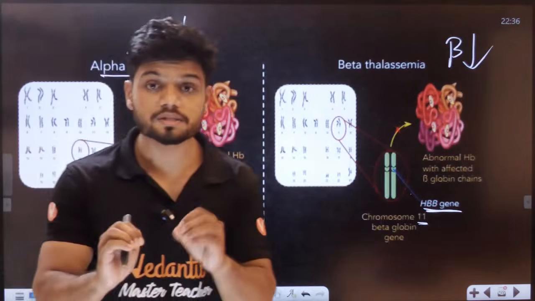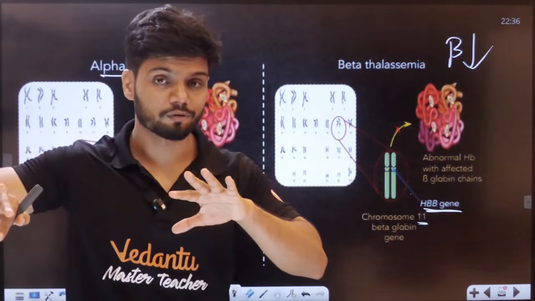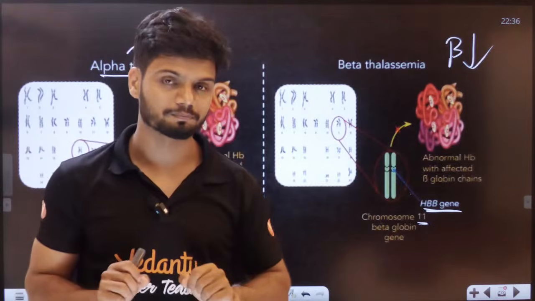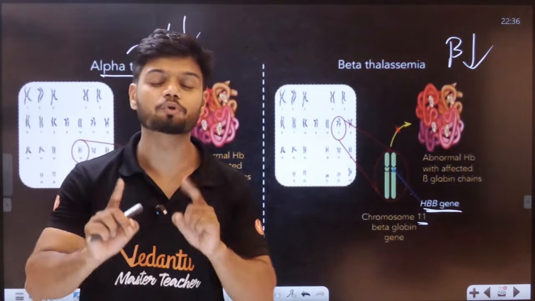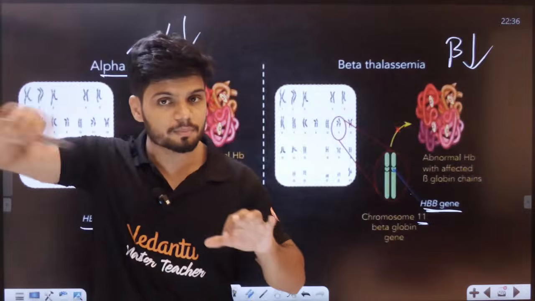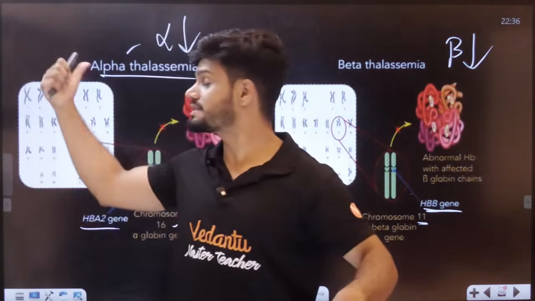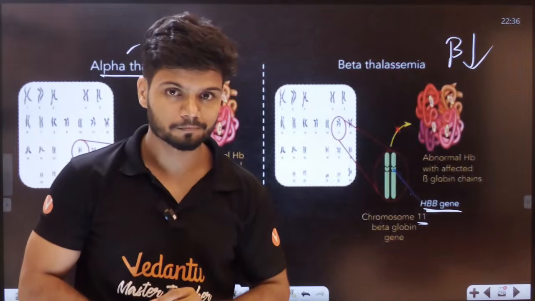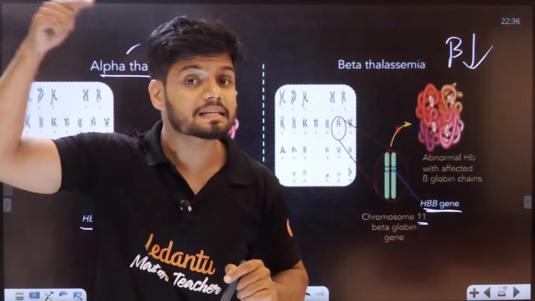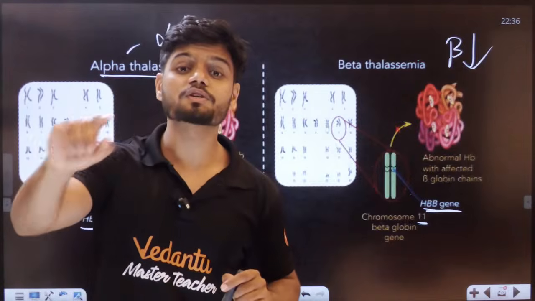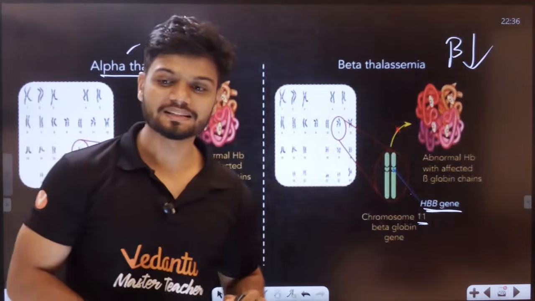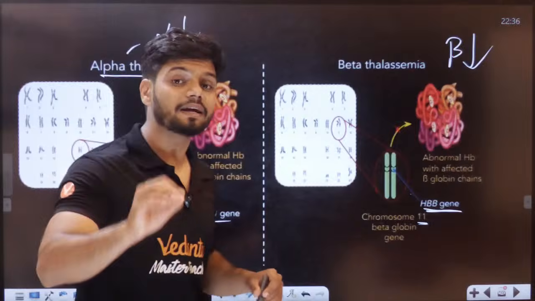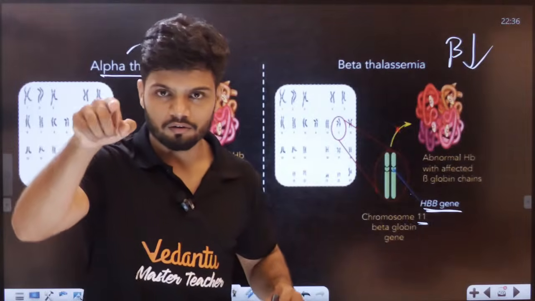So please understand, students, here chains are missing. So it is a quantity problem. Alpha chain is missing, beta chain is missing: alpha thalassemia, beta thalassemia. But in the case of sickle cell anemia, it was a quality problem.